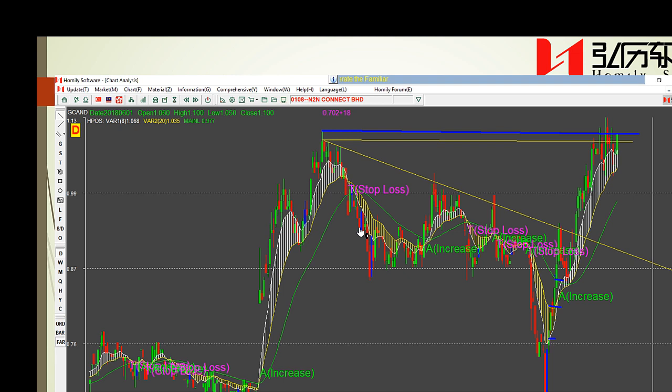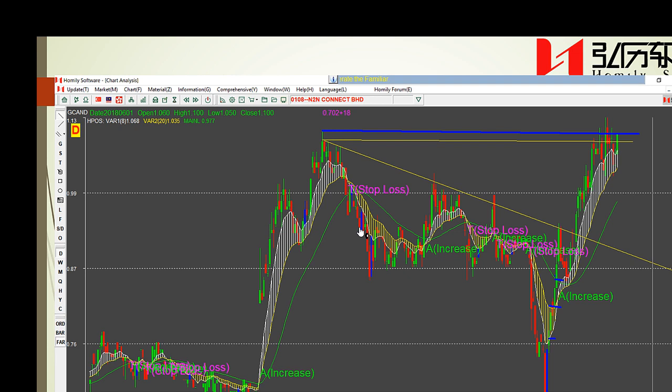Here it drops down very quickly, and then moves up very quickly, and then corrects very quickly. So it is very strong and fast like this. So we should follow the pace of this counter. If you buy this counter, you should prepare to follow its pace very fast.